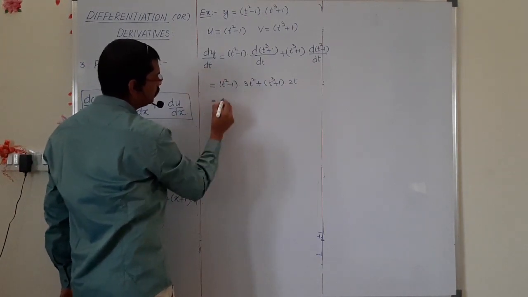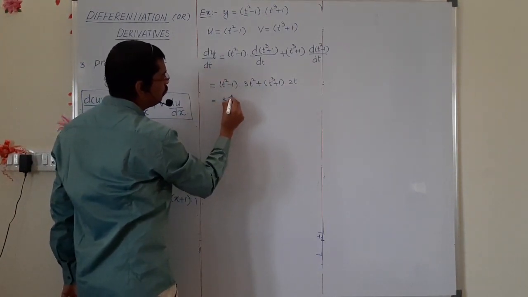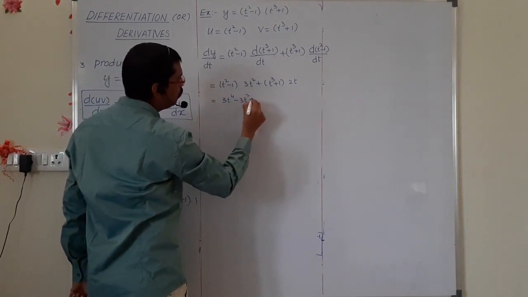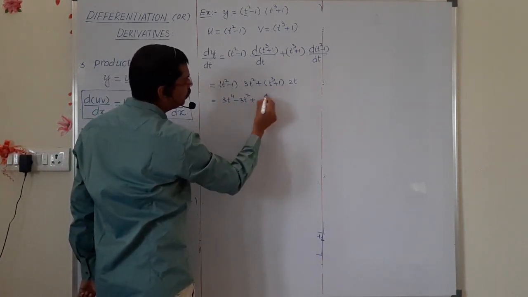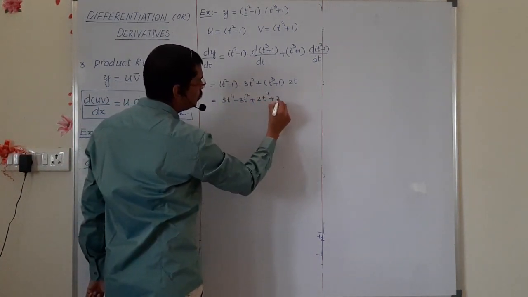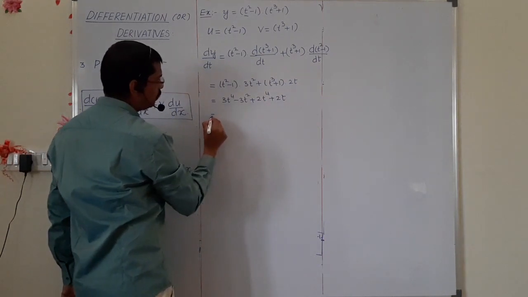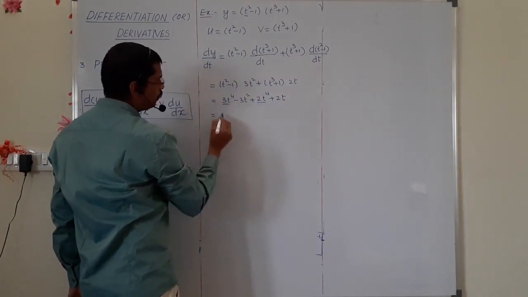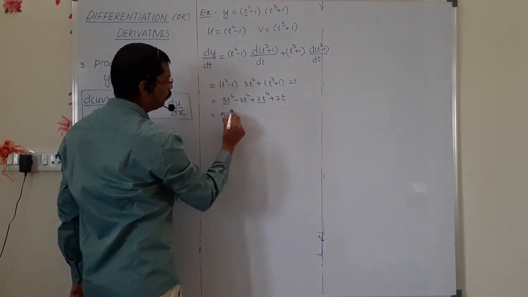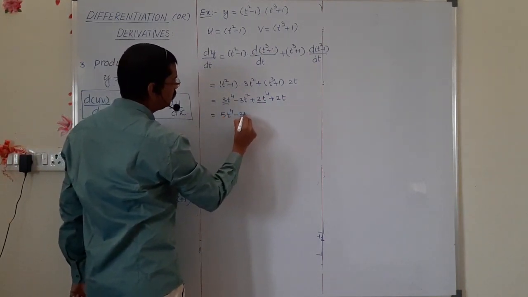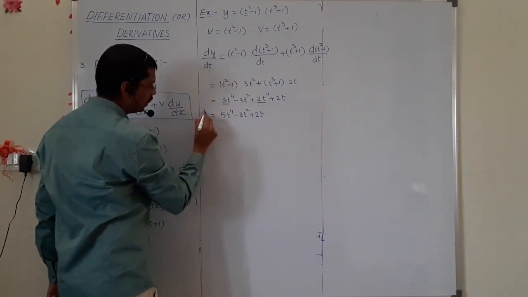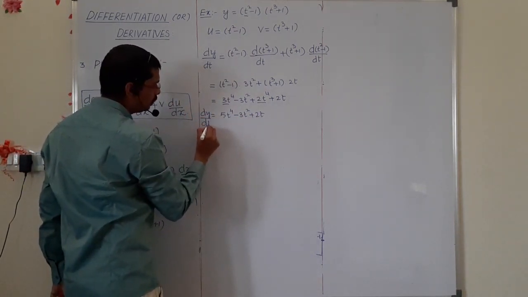Now you write it: 3t to the power of 4 minus 3t square plus 2t to the power of 4 plus 2t. Now here 3 and 2, 5t to the power of 4 minus 3t square plus 2t. This is dy upon dt.